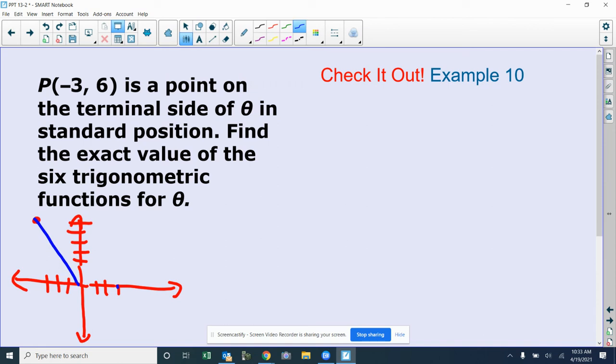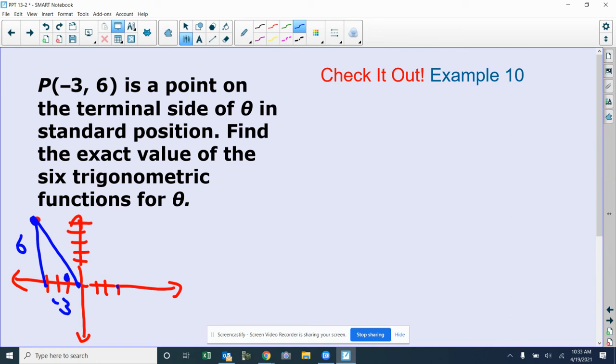Radius. There's your reference angle. Your y value is 6, your x value is -3. You gotta find your radius, your hypotenuse now. That hypotenuse or that radius is always gonna be a positive number.